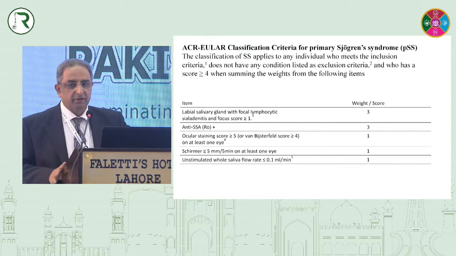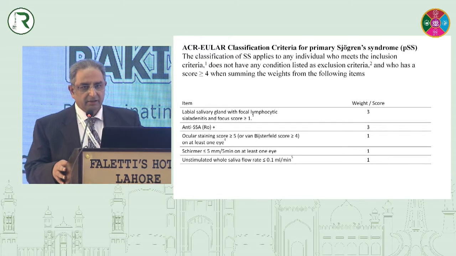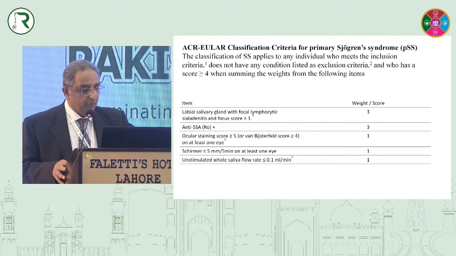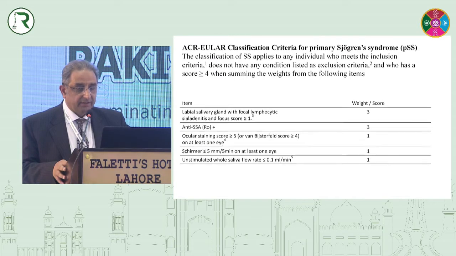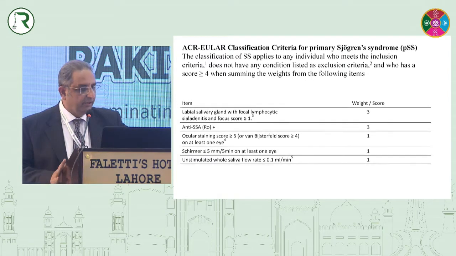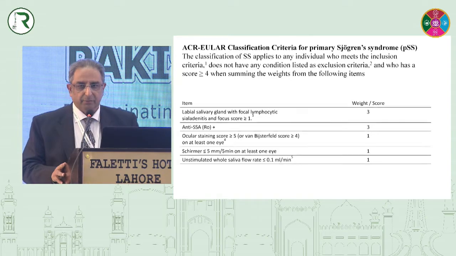Nowadays immunological tests give us Ro 60 and Ro 52, both are included, but La is not a criterion. Then an ocular staining score of 5 or more in at least one eye, objective evidence of dry eye on a Schirmer test, or evidence of hyposalivation by flow rate. I'm going to explain all these. You need basically an antibody, or if a biopsy is done and no antibody is present, then you need any of the other objective evidence of dry eye or dry mouth. That gives you a classification of primary Sjogren syndrome.